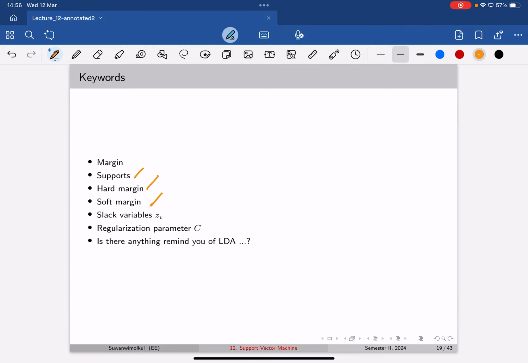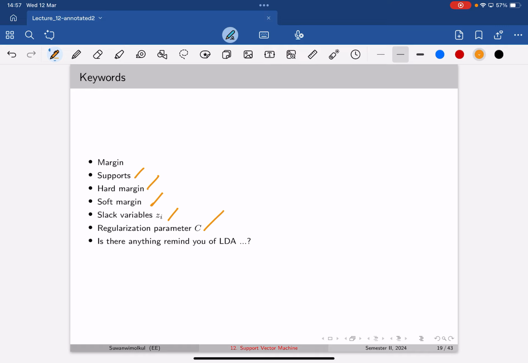What is soft margin? The soft margin SVM is the SVM problem where we start to consider the fact that there may be some overlapping between data points, and therefore we add slack variables that relax the constraints of the original SVM. What are slack variables? They are the variables we just added into the soft margin SVM that enable some points to cross over and mix into the other classes, but we will pay less attention to those samples.